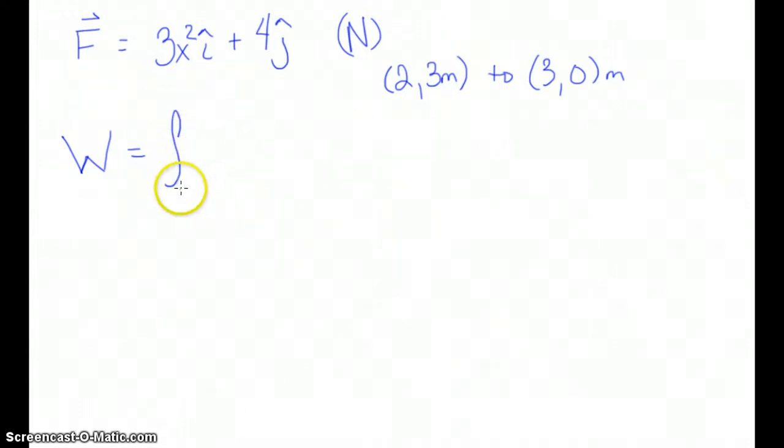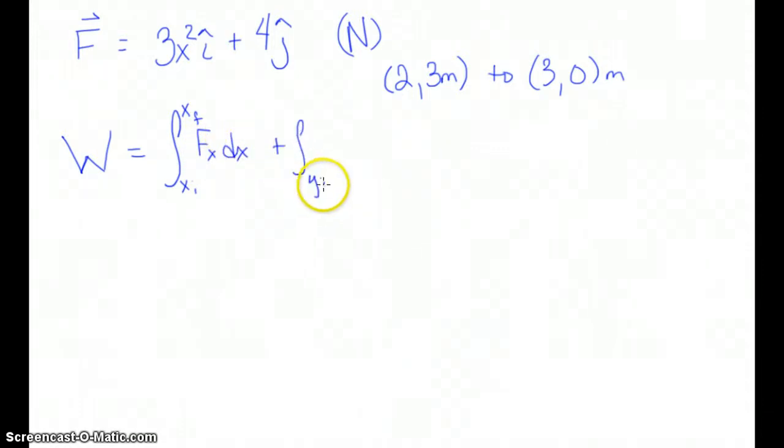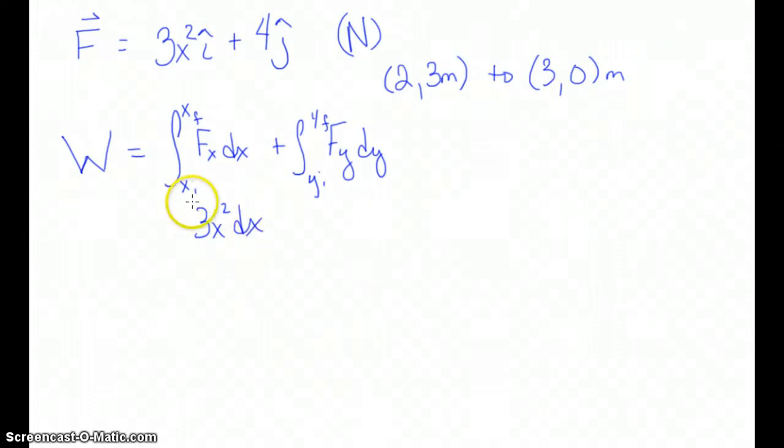So let's look at the x term first. We're going to have x initial, x final, Fx dx plus the integral of y initial, y final, Fy dy. So we've got 3x squared dx, and we're going to integrate that from the initial, which is 2, to the final, which is 3, plus the integral from 3 to 0 of 4 dy.